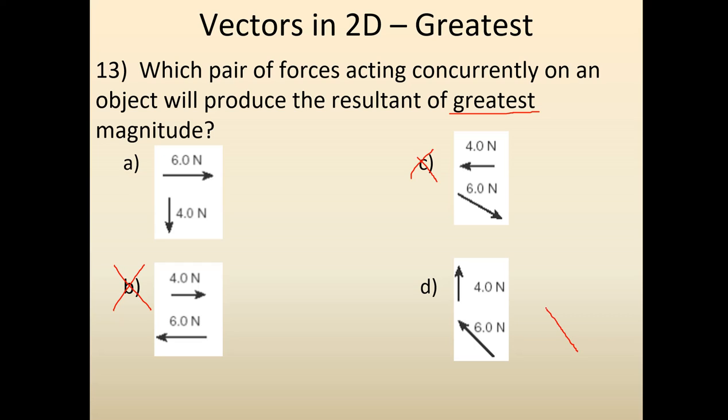And if I draw these tip to tail, which they are kind of looking tip to tail, we can see that my resultant would go along here, very long compared to this one, let's say, which would be much shorter. So the answer is D.